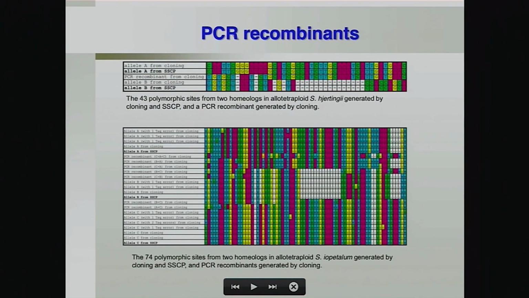Then, like the A allele until here, and then the rest is like the C allele, the last one. But when you perform the cloning, you will get 1, 2, 3, 4, 5, 6, 7, 8, 9, 10, 11, 12, 13, 14. So maybe 18 different sequences from an allotetraploid.